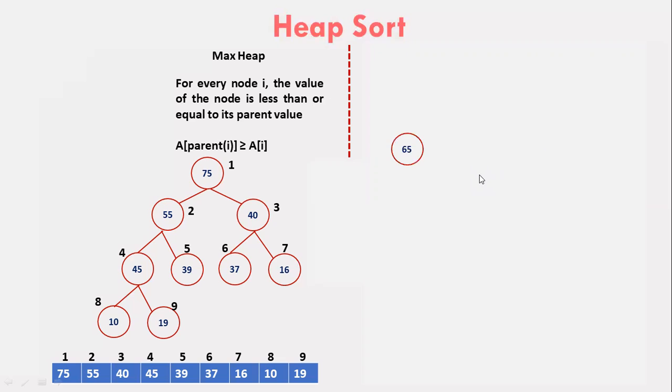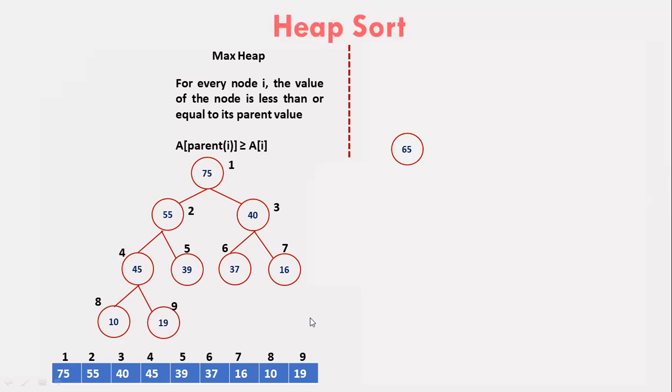Suppose I would like to insert the value 65 into this particular tree. 65 is less than 75, so it cannot be here. 65 is also not less than 55, so you can insert here, or you can insert here. Say we have inserted 65 here. When you insert 65, 40 has to come here, and when 40 comes here, 16 will come here.